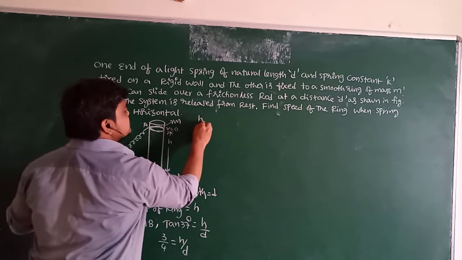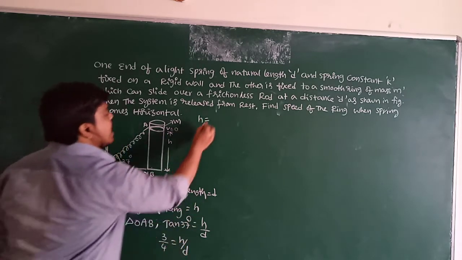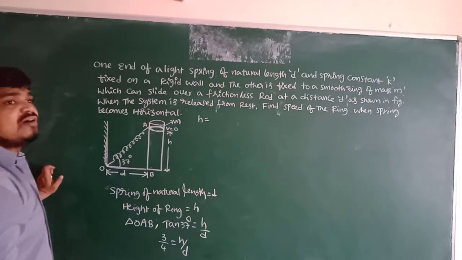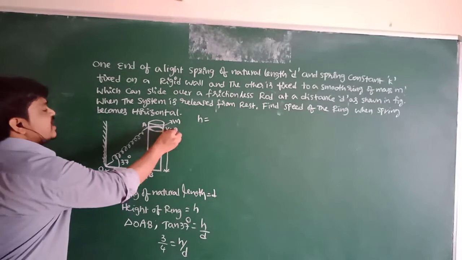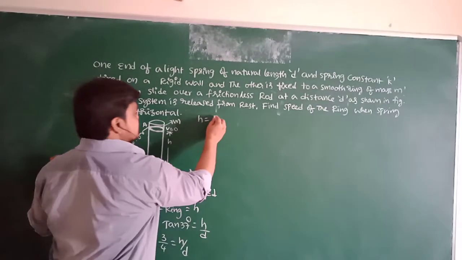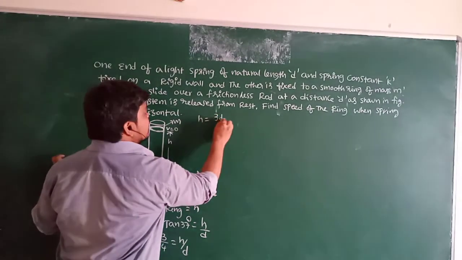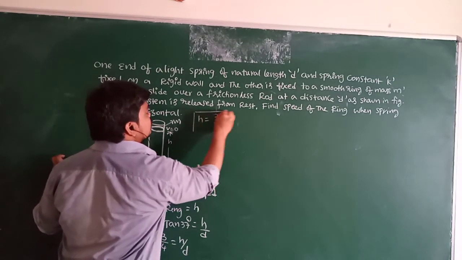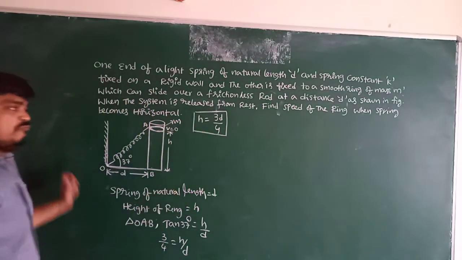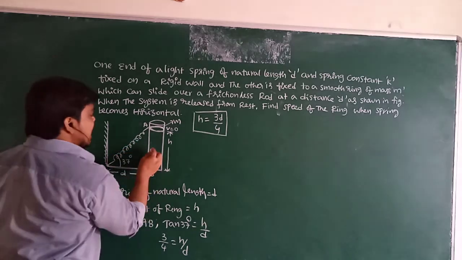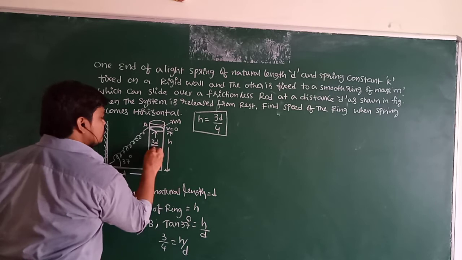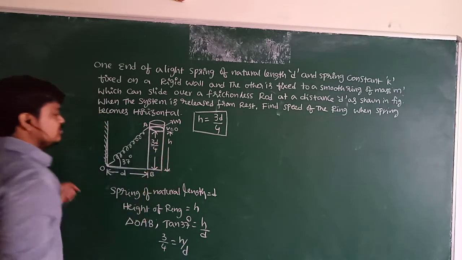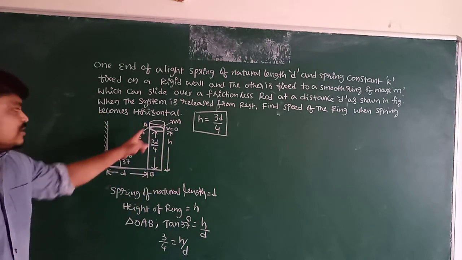Now h is the height of the ring initially, when its velocity is 0, so h is equal to 3d by 4.